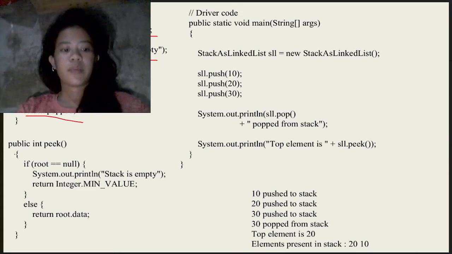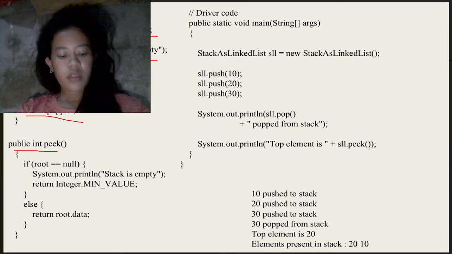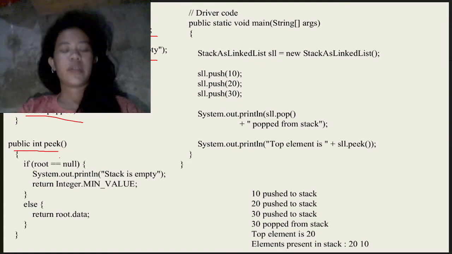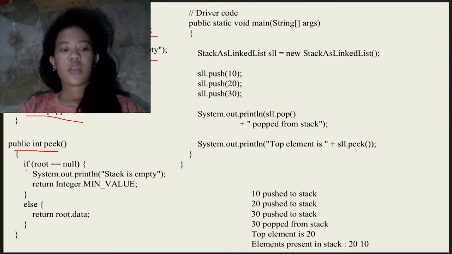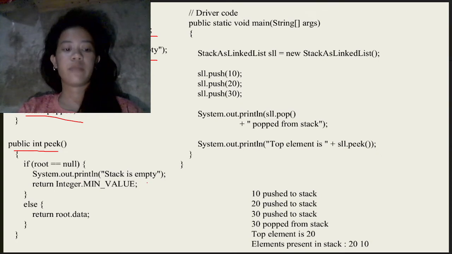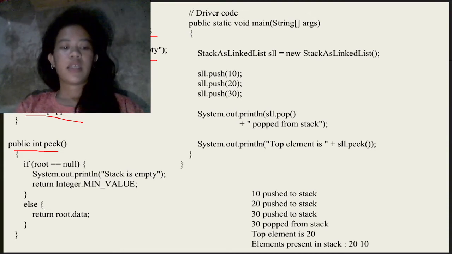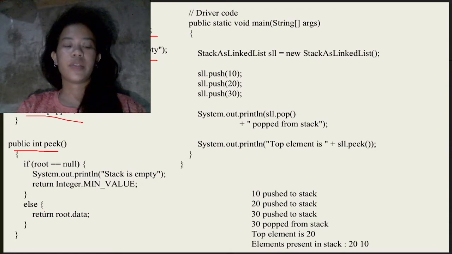So next is the public int peek. Peek is another term for the top value. So here in peek we also have a condition. If root is equal to null, it will print stack is empty, and then it will return Integer.MIN_VALUE. Else, if it is not empty, it will return the root data.